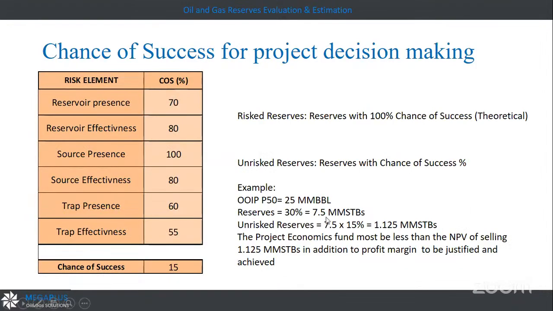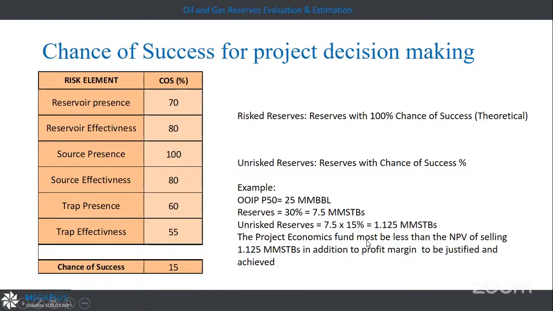After that, we have to mention the chance of success. As we mentioned before, based on the presence of reservoir, source, effectiveness, and trap, the chance of success percentage is 15. So it works like this: if I have, as an example, original oil in place of 25, with a recovery factor of 30%, the reserves are 7.5. I multiply by the 15% and it will be 1.125 million.